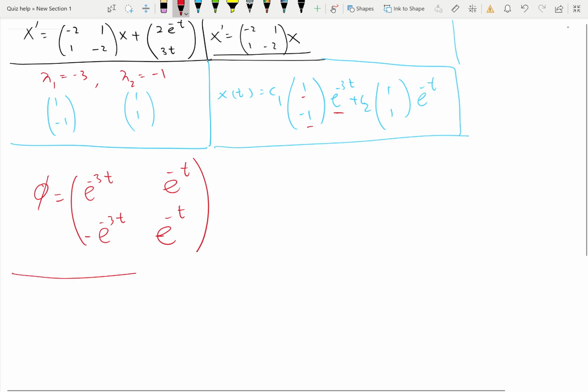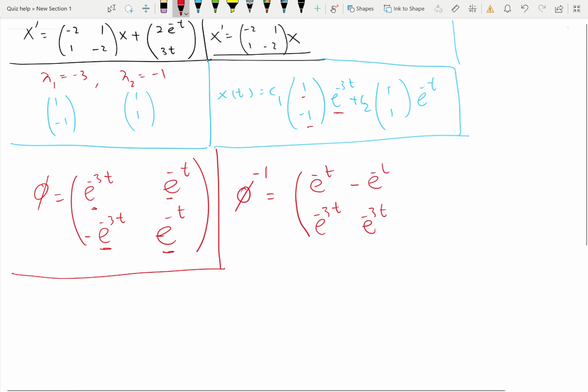Now what you want to do is find the inverse of phi. So for the inverse, first you exchange these two, e to the -t and e to the -3t, and you multiply these two by -1. So this becomes e to the -3t, this becomes negative e to the -t.